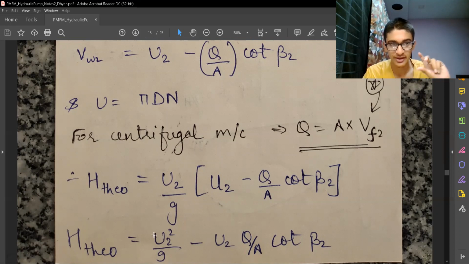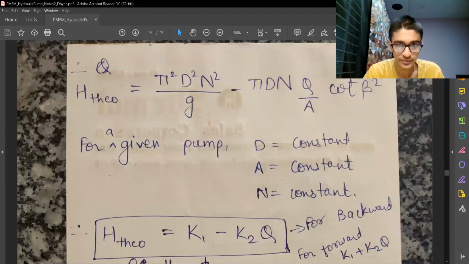The speed is same as what the frequency of electric power we are getting. So U is also going to be constant. g is already constant. Beta 2 is the blade angle, that is also constant. Area will also be constant. So the only function left over here is that theoretical head is a function of Q.